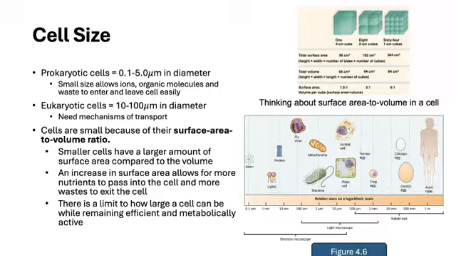So our smaller cells are going to have a larger amount of surface area compared to their volume, which will allow them to have more exchange of nutrients and wastes. And there is a limit to how large a cell can be while remaining efficient and metabolically active. So if we have a cell that grows too big, it's going to become less efficient.